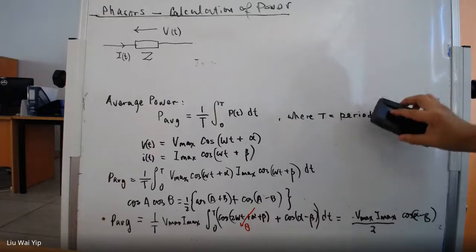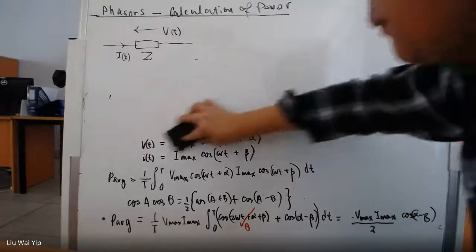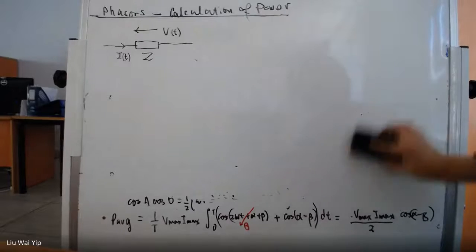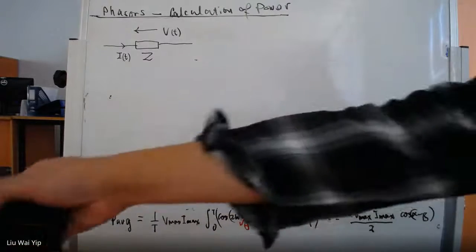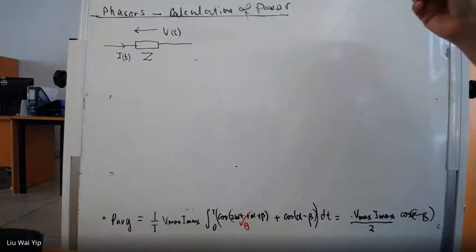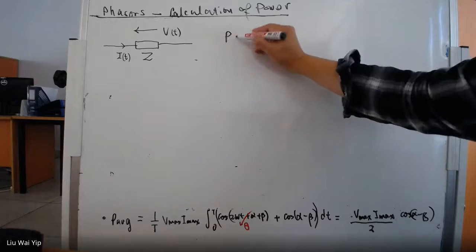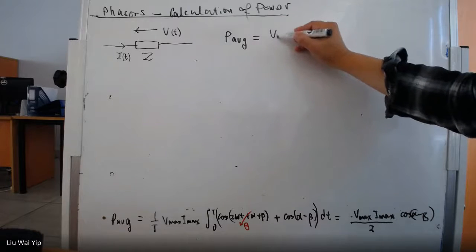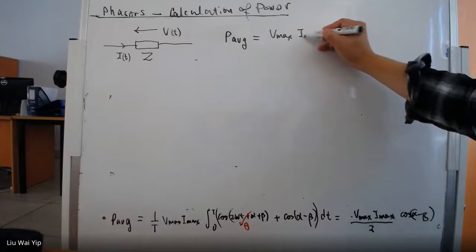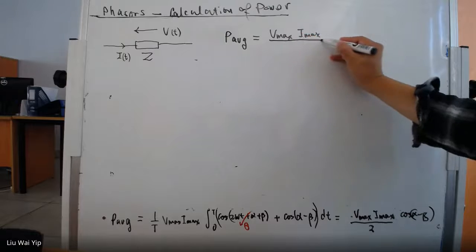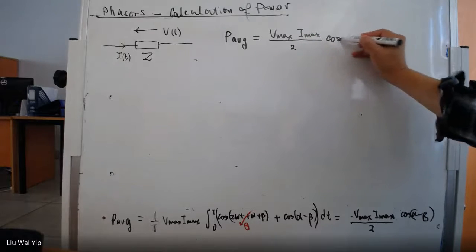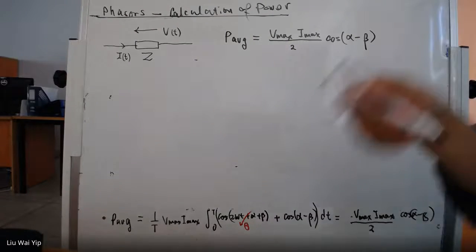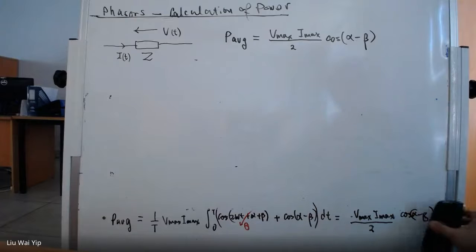So I'm going to write down the important value here: E max and I max divided by 2, and then cos alpha minus beta. So this is the value of power.